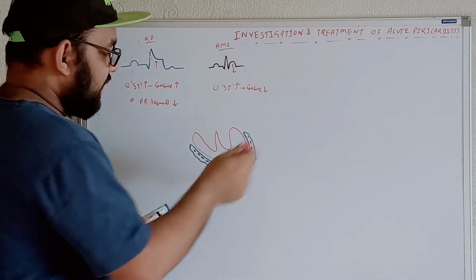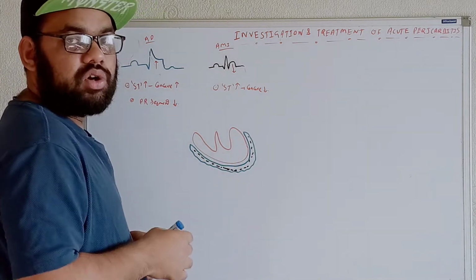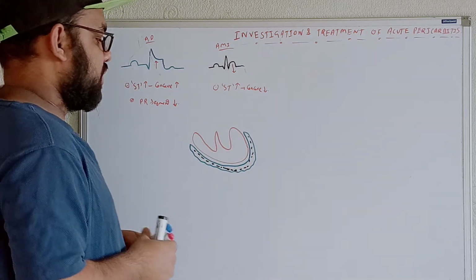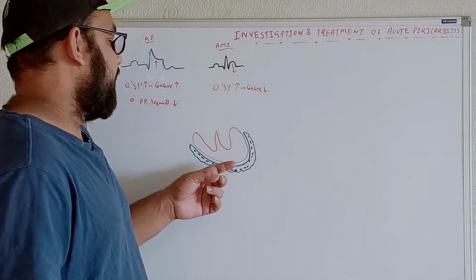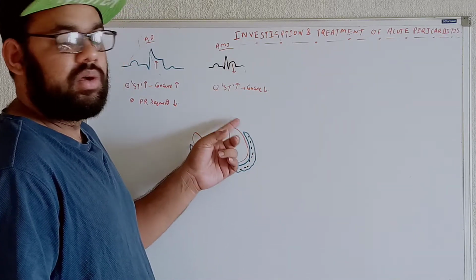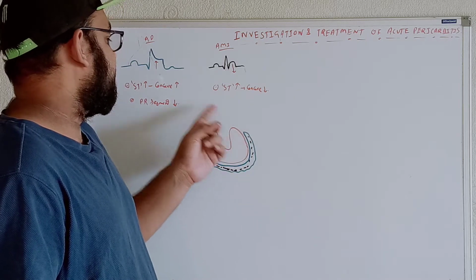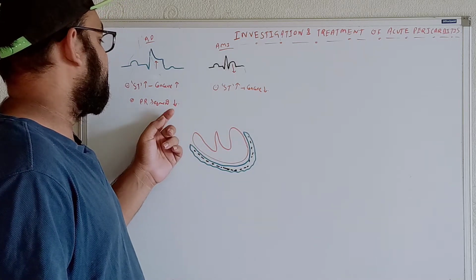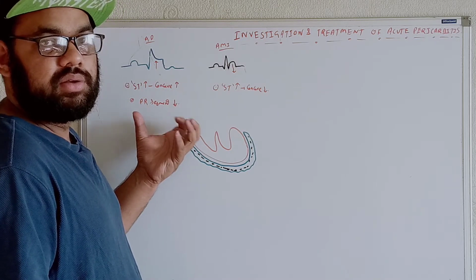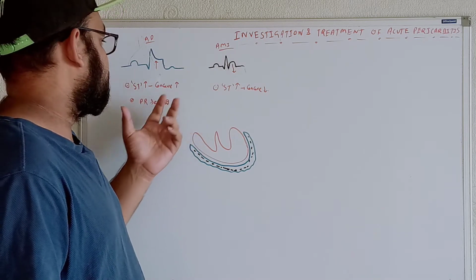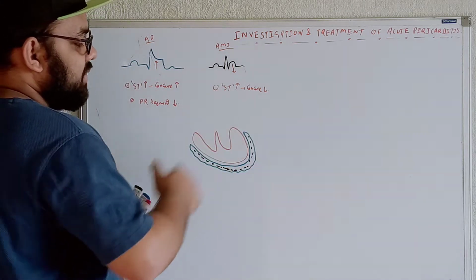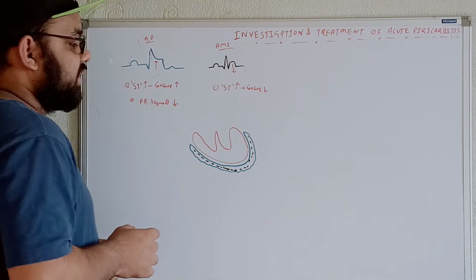As we know, the pericardium also covers the atrium, right? So from the pericardium, the different kinds of inflammatory chemical mediators can reach from the pericardium to the atrium also. And whenever they go within the atrium, they will cause what? PR segment depressions will be seen over here, during atrial activity, from here to here. And these are the diffuse inflammations we are getting in pericarditis.